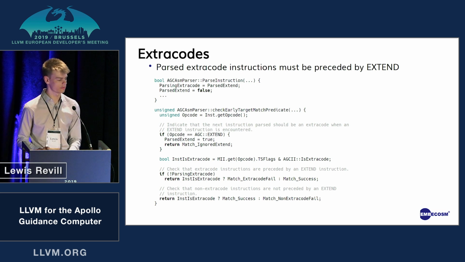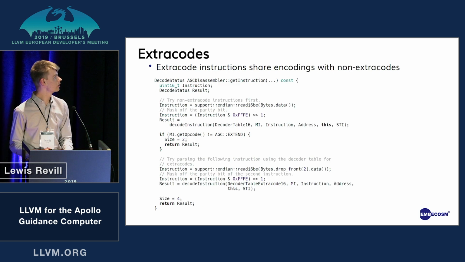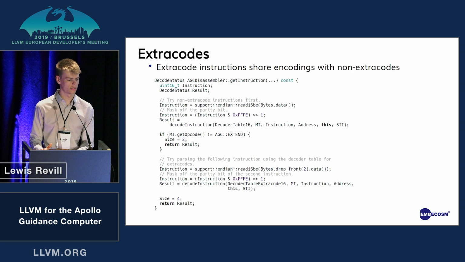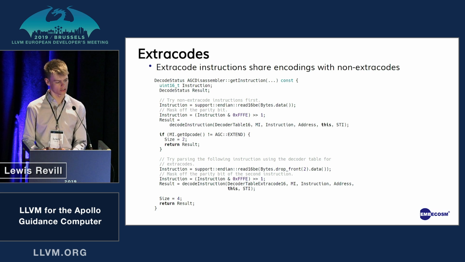And I have failures if it's not an extend instruction or if a non-extracode instruction was prefixed by an extend. In the decoder, I also have to implement a second decoder instruction table, which I check if the opcode is an extend. Then I check the next instruction and use this second decoder table.